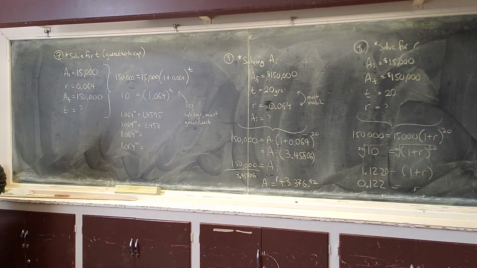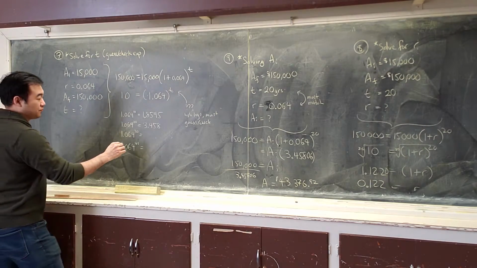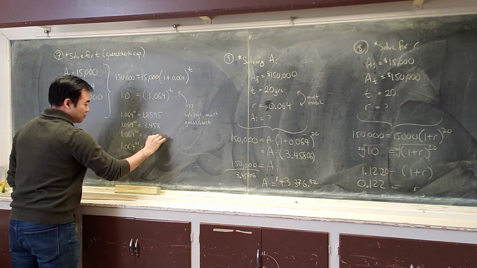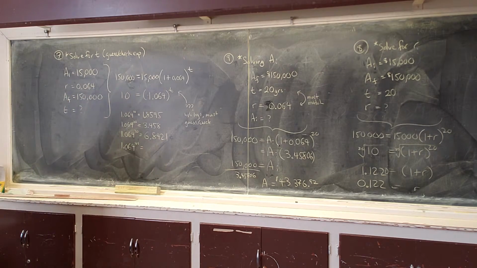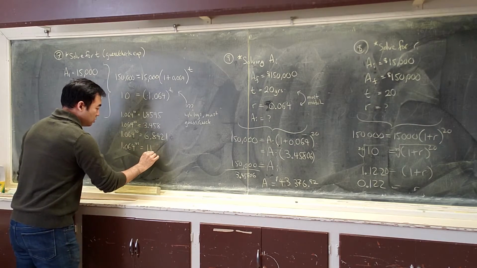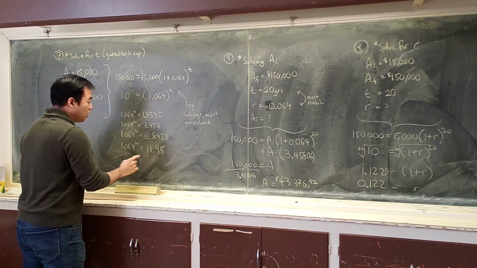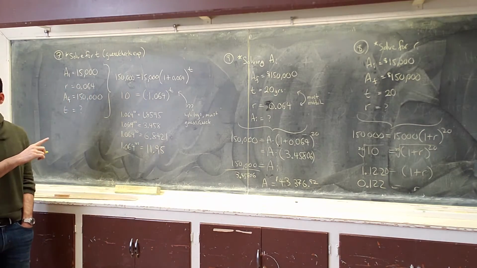The power of 30 gives 6.8421, probably around 6.87 or 6.8. The power of 40 gives 11.95. Okay, so obviously we've gone past that point, right?